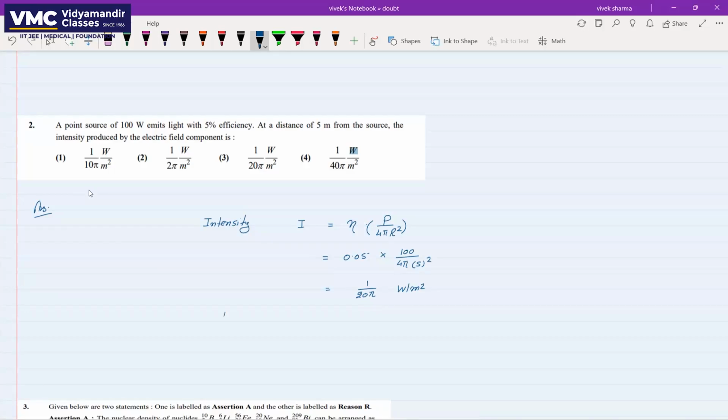So due to the electric field only, it is 1 upon 40 pi watt per meter square. The correct answer will be 4.